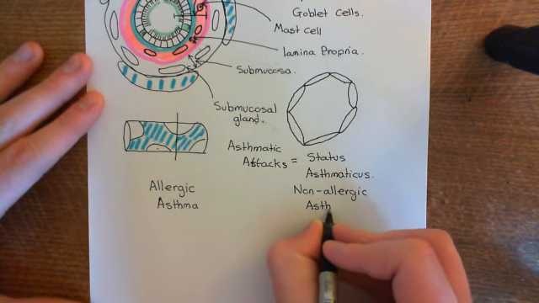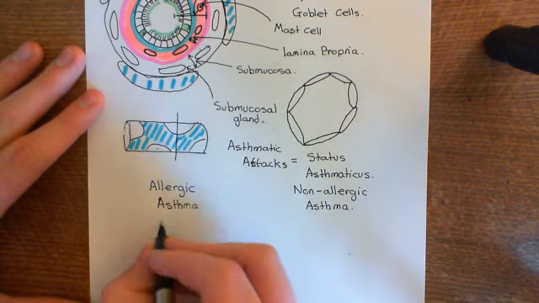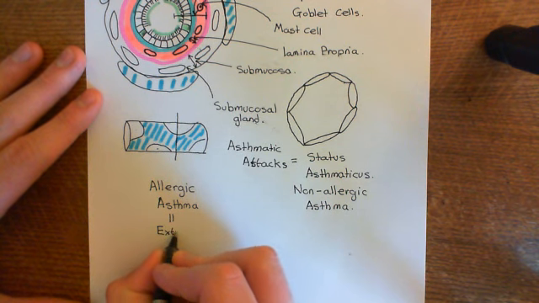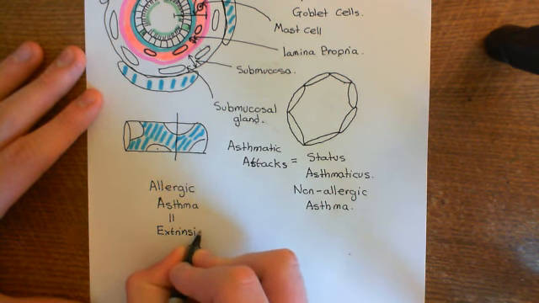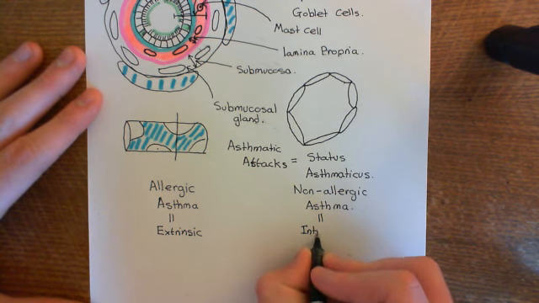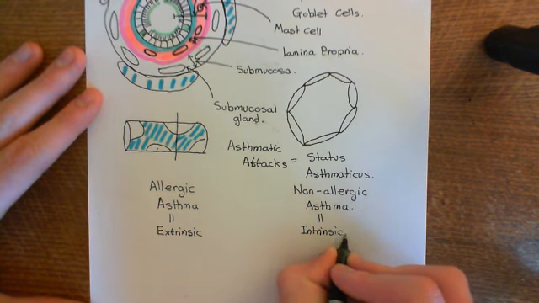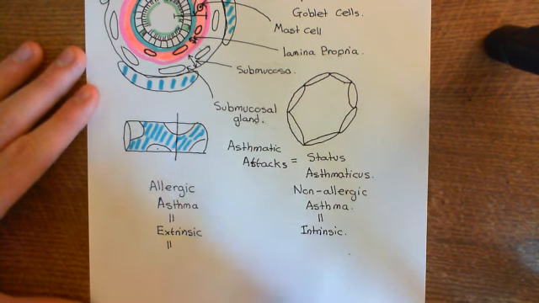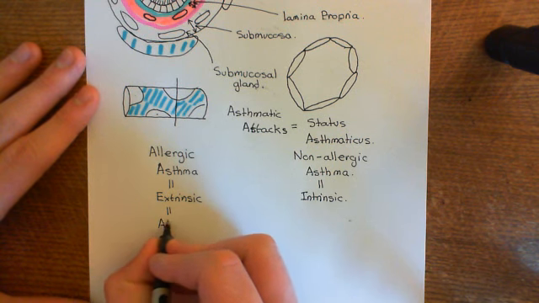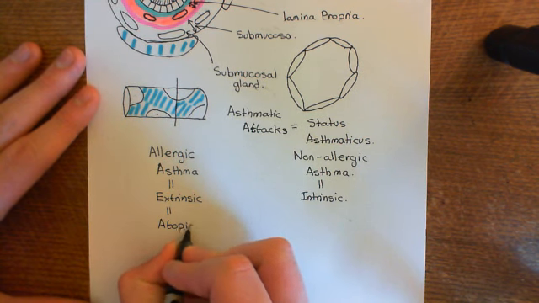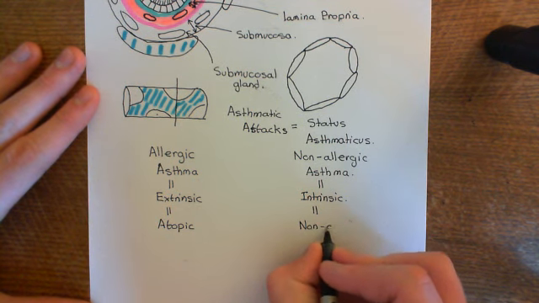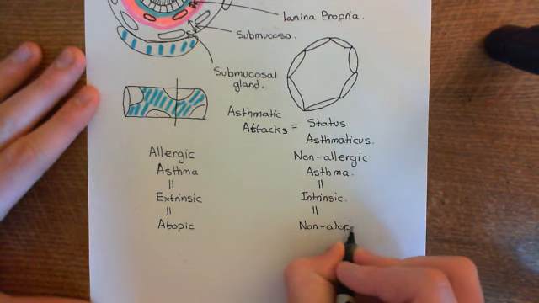People will also refer to allergic asthma as extrinsic asthma, and non-allergic asthma as intrinsic asthma. In addition, you can also refer to allergic or extrinsic asthma as atopic asthma, and non-allergic asthma as non-atopic asthma. These are just names for the same thing.